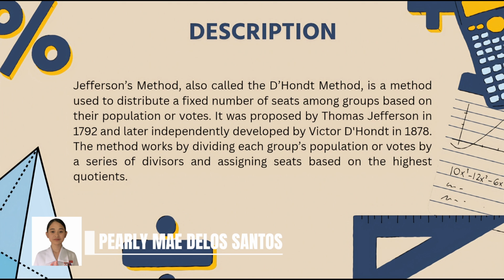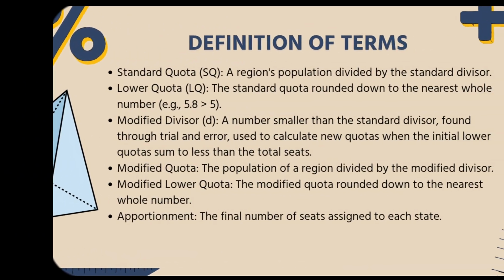In Jefferson's method, quotas are rounded down to obtain whole numbers called lower quotas. If the total number of seats does not match the required house size, the divisor is adjusted and the calculations are repeated. Because the method always rounds down, it usually favors groups or parties with larger population.